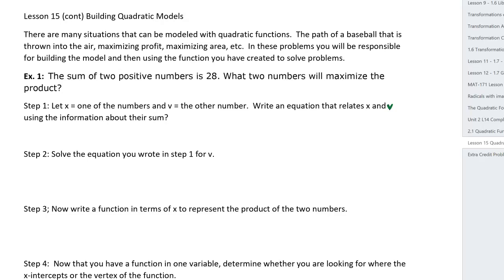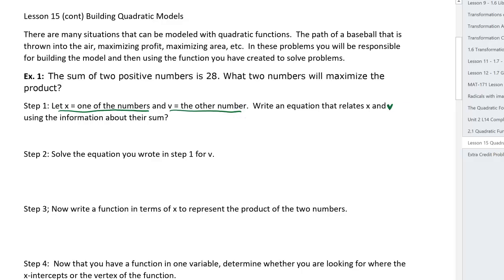Example 1. The sum of two positive numbers is 28. What two numbers will maximize the product? So I'm going to take you through a step-by-step guide for building a model to solve this problem. In step 1, we're going to let x equal one of the numbers, and we'll let v equal the other number.